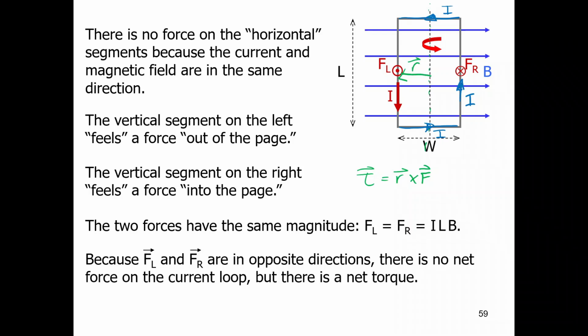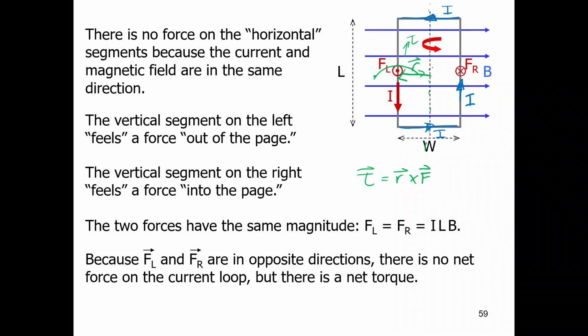And if I point my fingers in the direction of R to the left, and I point my palm up out of the page where the force is, that's going to show me that my torque, my thumb, actually points up towards the top of the page. And if I were to curl my fingers, that's going to force my fingers to come up out of the page and want to curl up and over that wire. So that left wire is trying to come up out of the page.